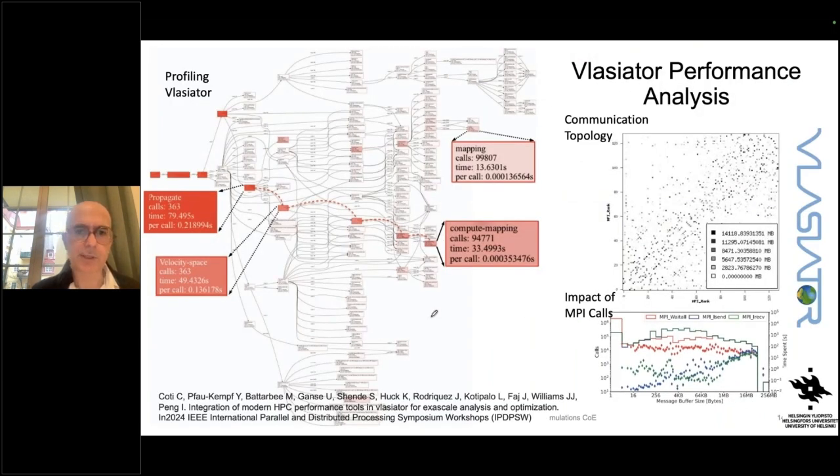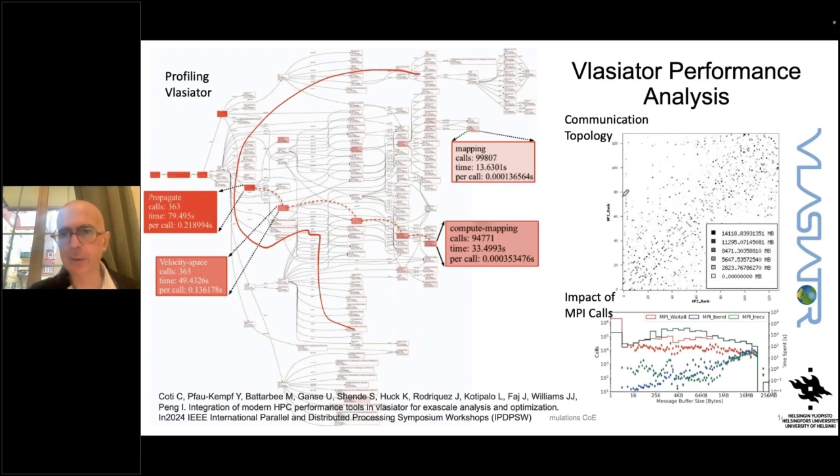Together with this exciting project, the very first step was to produce an analysis. You see here quite a detailed analysis of the Vlasiator code, giving also an idea of the complexity of the code too. We try to understand where potential bottlenecks are in the code and try to optimize.